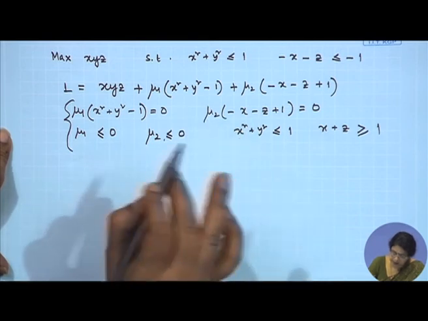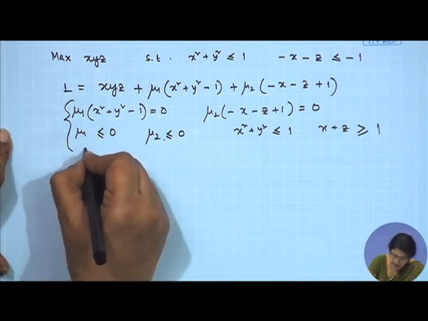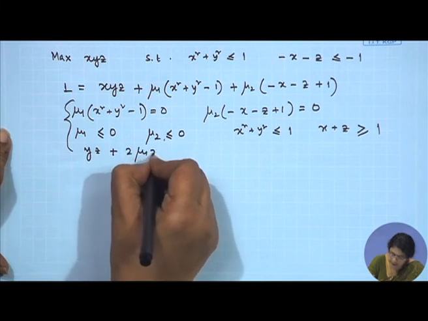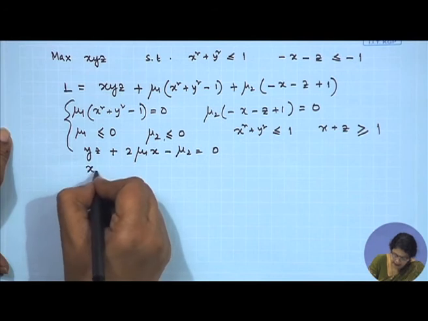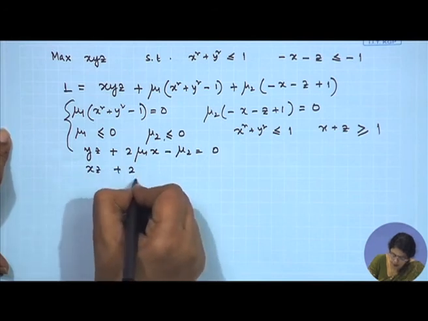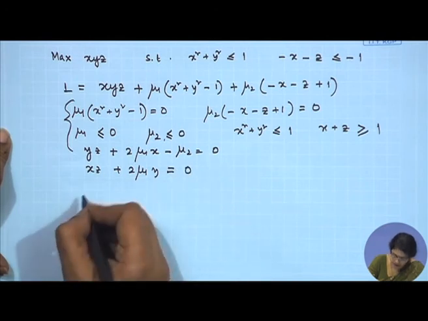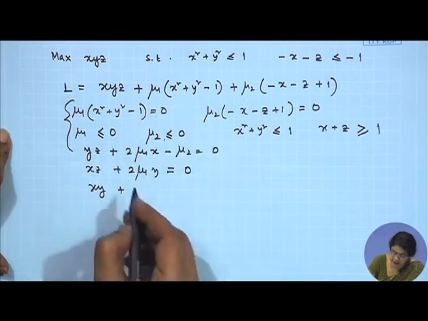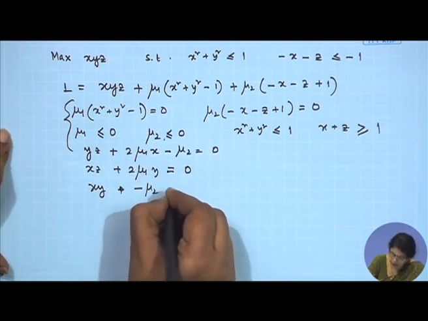Oh, I did not do that, the optimality conditions. We have a set of optimality conditions: yz plus 2 mu 1 x minus mu 2 is equal to 0, xz plus 2 mu 1 y is equal to 0, and differentiating with respect to z, it would be xy minus mu 2 is equal to 0.